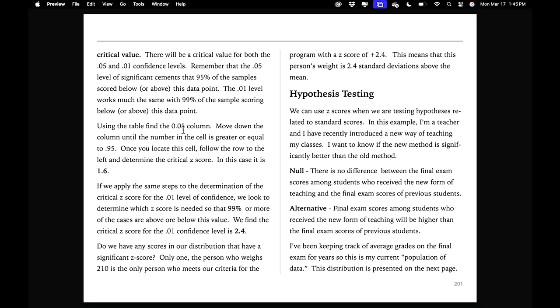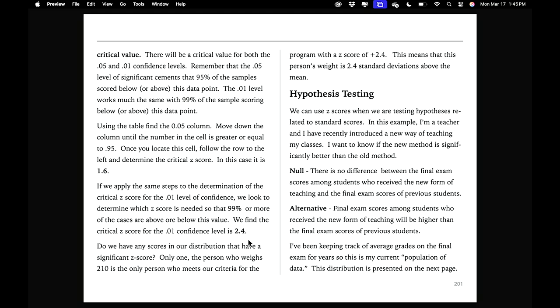If you are going to use the 0.05 criteria for significance, your converted z-score has to be 1.6 or higher for it to be significant. If you are going to use the 0.01 level, it has to be 2.4.